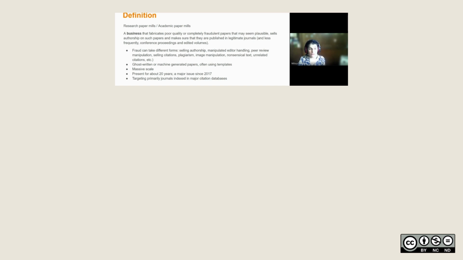What is also important and typical of this kind of fraud is that it is on a massive scale. It's not like one author or one research group plagiarizing or fabricating data and publishing one or two flawed articles. These are thousands and thousands of articles, and the scale is not even known because the area is not sufficiently explored, and this type of fraud is extremely difficult to explore because nobody's trained to do this.